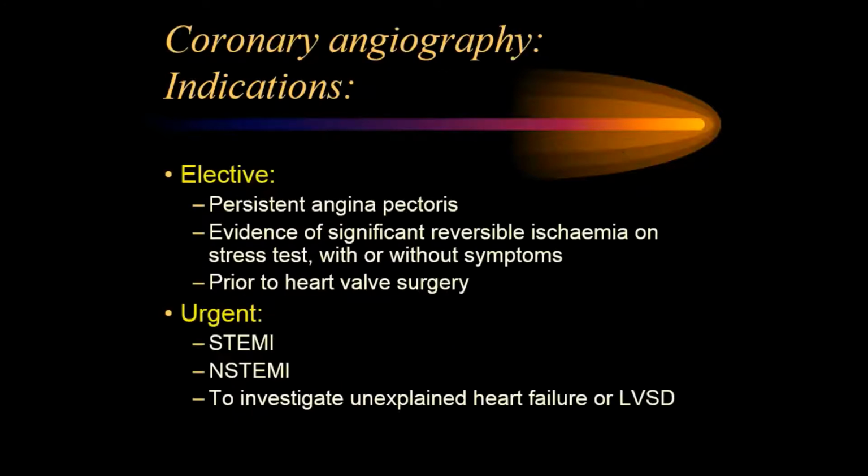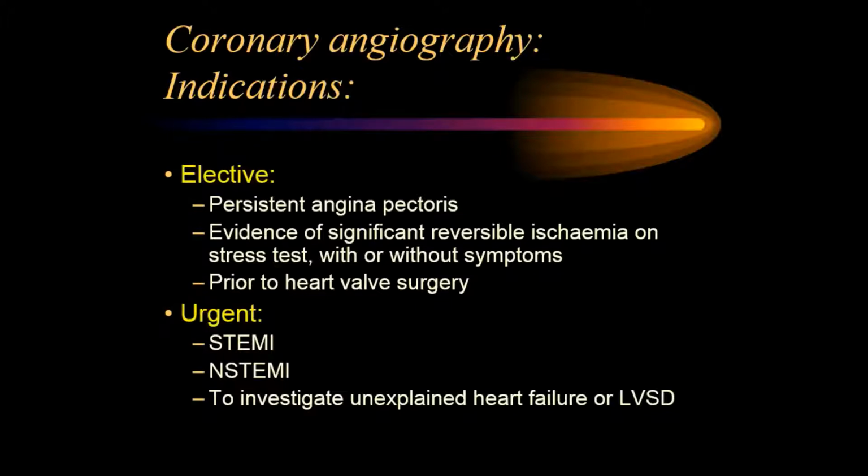Now, going on to why we need to do angiography, why we would need to do an angiogram to anybody. There are elective indications and urgent indications. Summing them up, the elective indications would be things like persistent angina pectoris, meaning somebody who's getting exertional chest discomfort, and that would be persistent, meaning it is recurrent and happening or worsening.